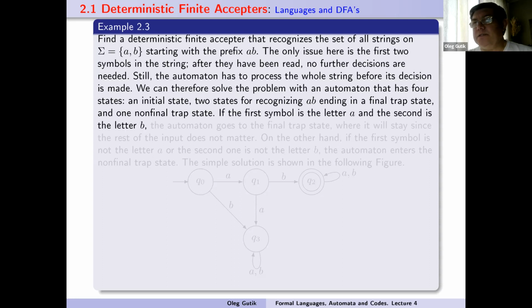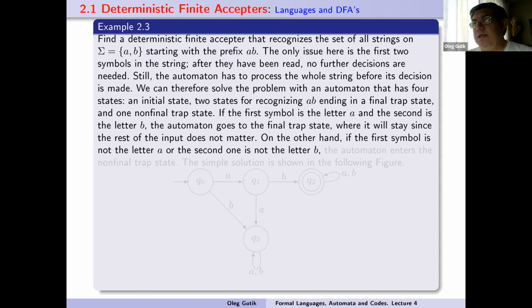If the first symbol is the letter a and the second is the letter b, the automaton goes to the final trap state, where it will stay. The rest of the input does not matter.